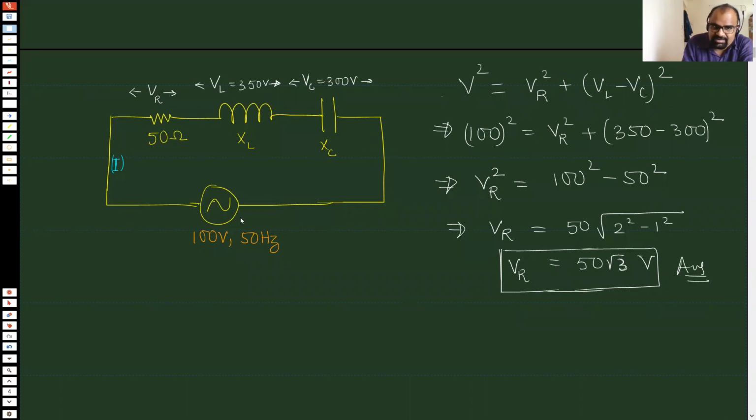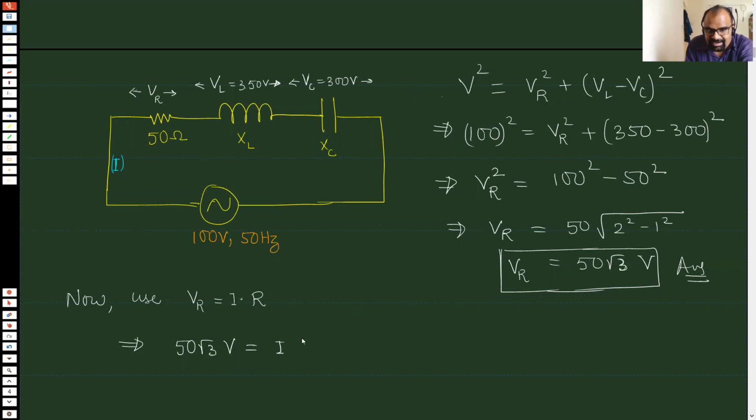Now the moment we find the value of VR, we can find the value of I also, because now use the fact VR is equal to I into R. I mean, this voltage is equal to this current into this resistance, isn't it? So VR we have already found, 50 root 3 volts.